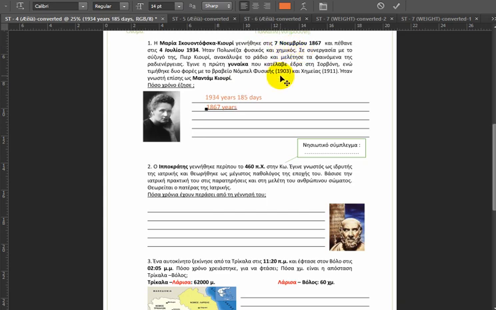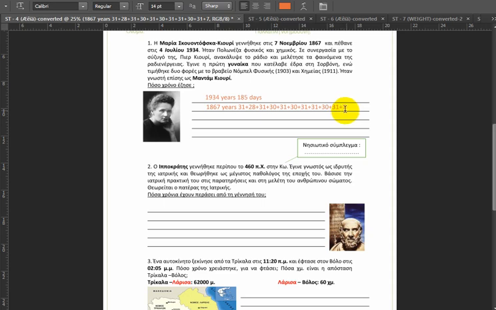So we have 31 from January and 28 from February and 31 from March and 30 from April and 31 from May and 30 from June and 31 from July and 31 from August and 30 from September and 31 from October and another 7 from November, because she was born 7th of November. So let's figure out how much all of this is.